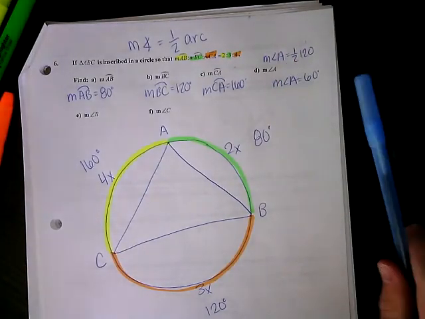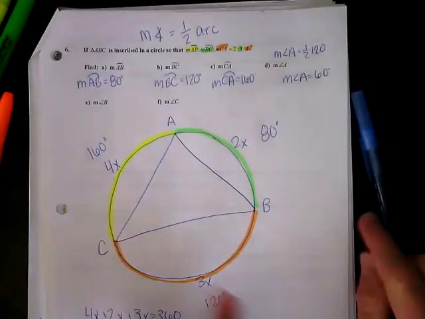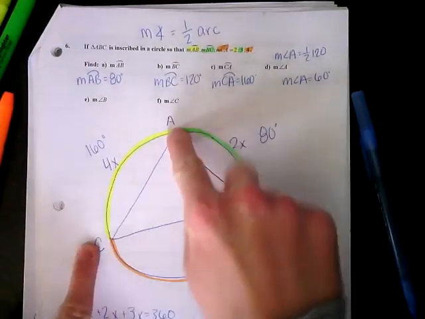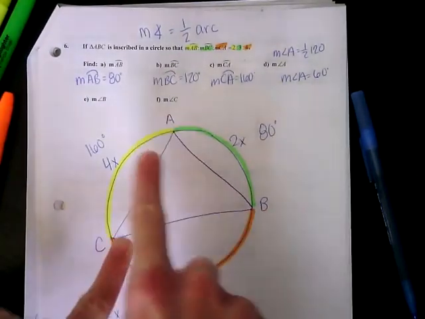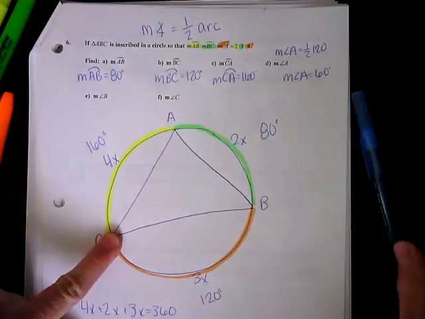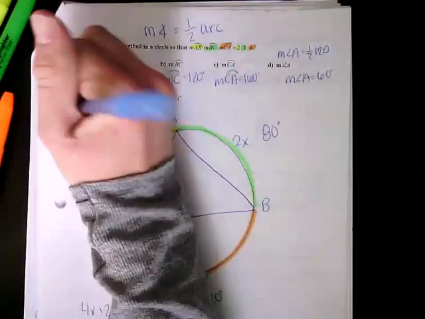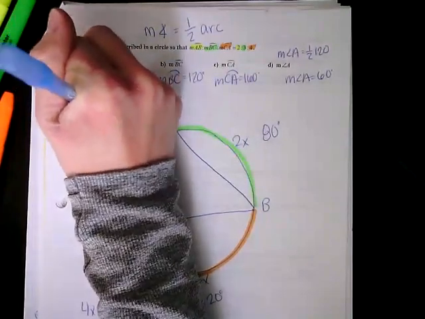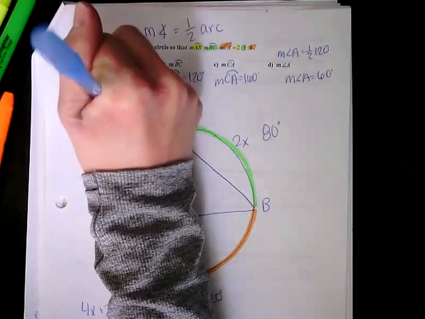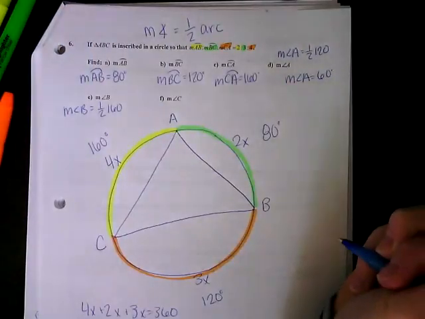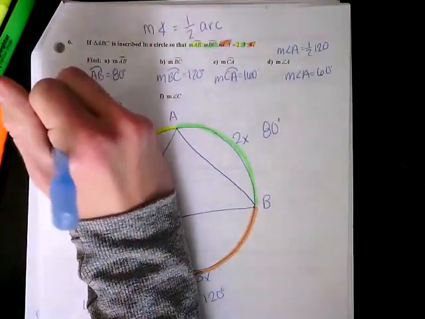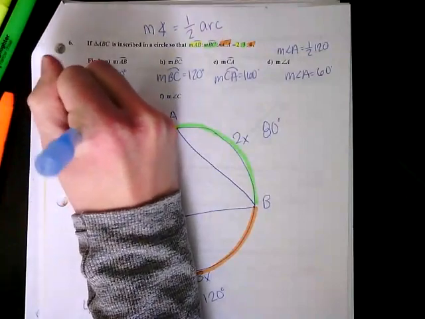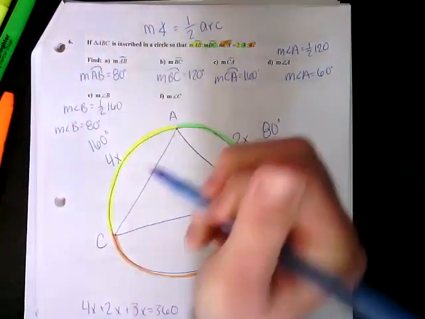Now the measure of angle B, same thing. Angle B intercepts arc AC. Arc AC is 160, so the measure of angle B is half of 160, which is 80.